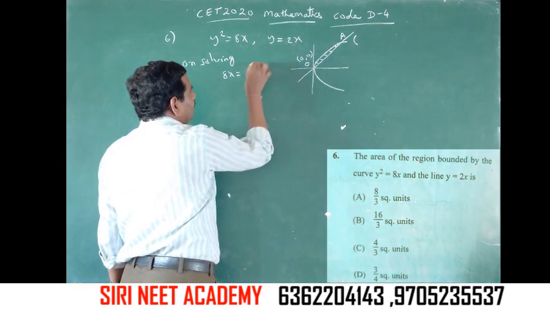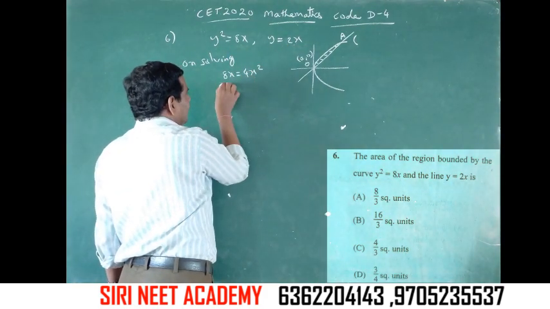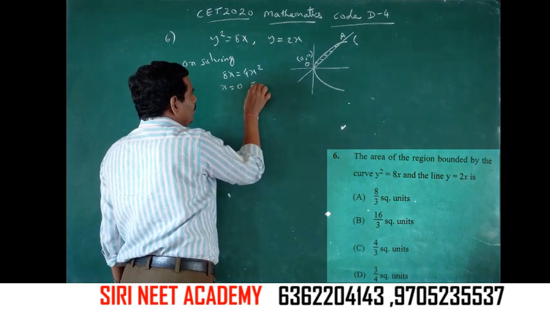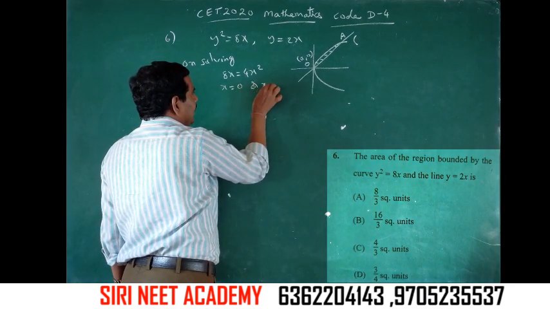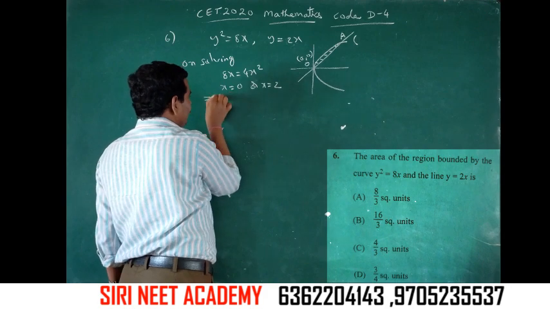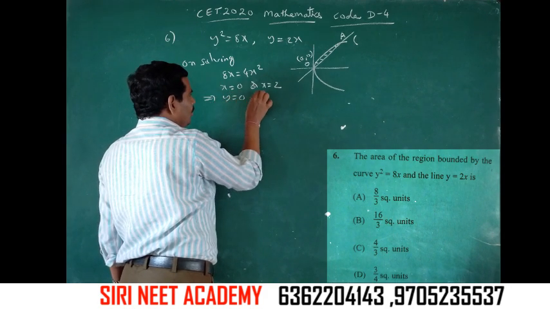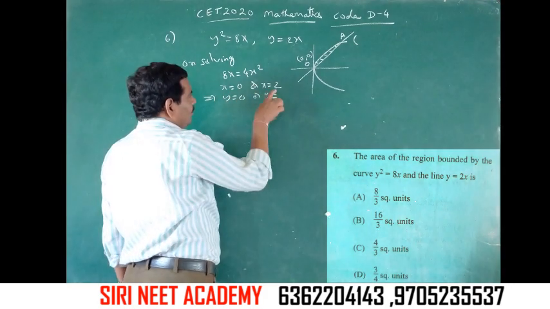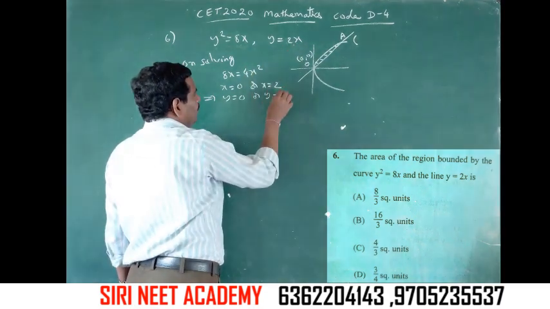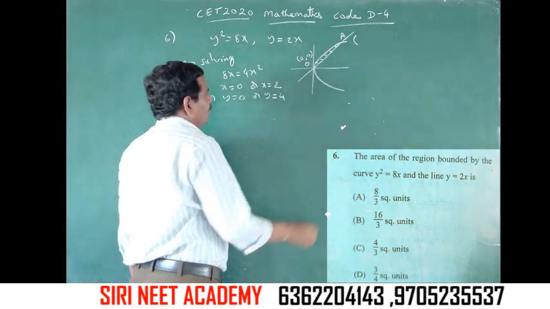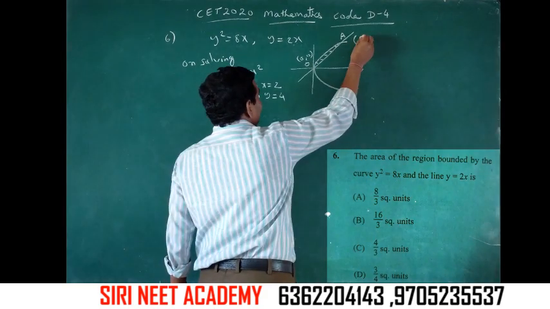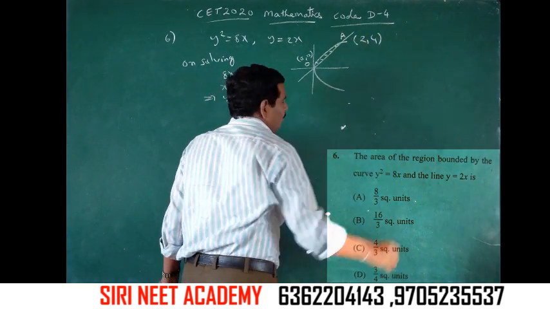From here, 4x square equals 8x, which implies x is equal to 0 or x is equal to 2, which implies y is equal to 0 or, when x is equal to 2, y value is 2 into 2, 4. So the first point is 0, 0, the second point A is 2, 4.